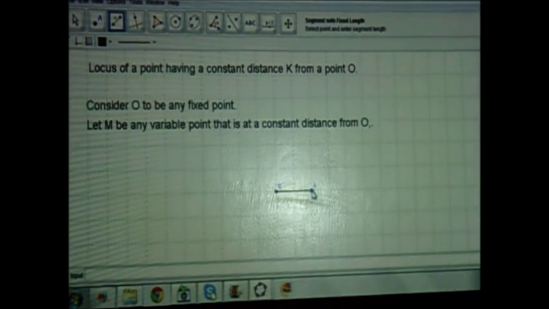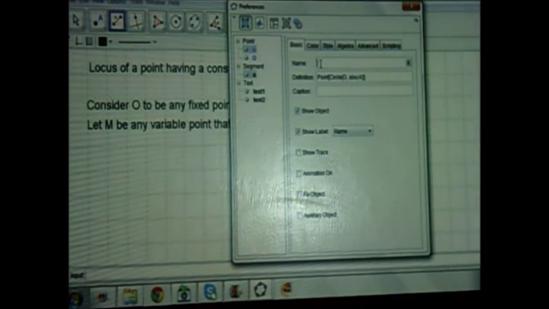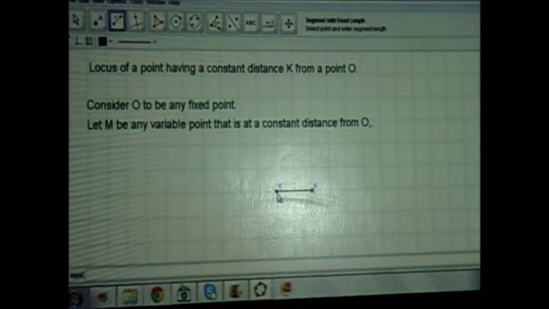So now we have a point A. Okay, let's name it M. Now M is a variable point which is at a constant distance from a fixed point O. We want to displace point M in order to determine on which line or curve this point varies, in order to find its locus.